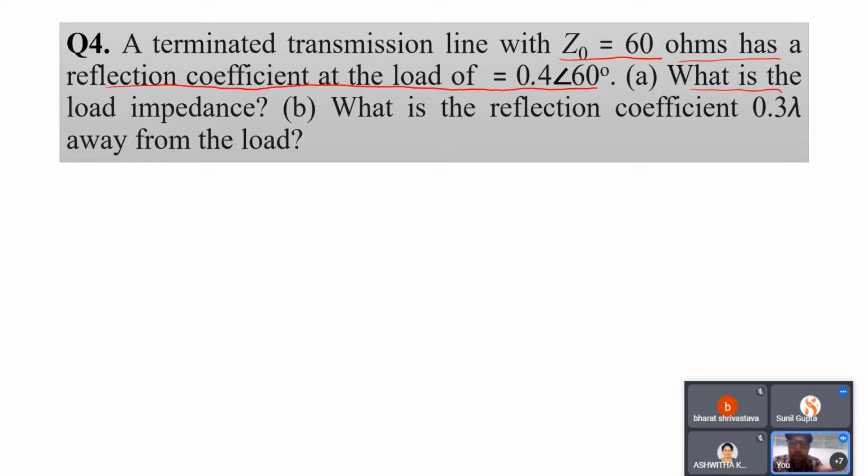What is the load impedance? The second question is, what will be the reflection coefficient away from the load for a distance of 0.3 lambda? So how to solve this question, can anyone tell me?